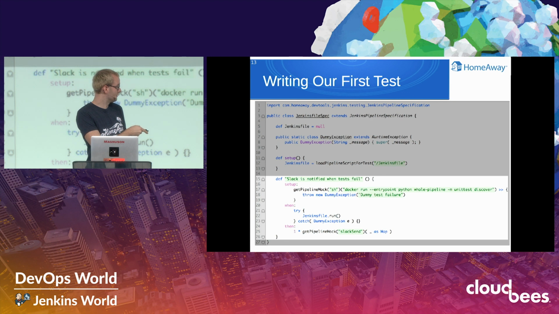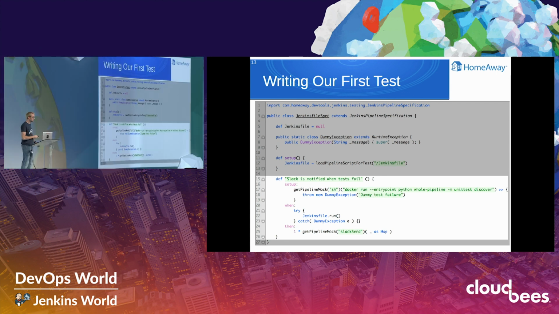Now, when we run our Jenkins file, still pretty intuitive, then we expect that one time, that is an asterisk, the pipeline mock for Slack send, that's the step that sends a message to Slack, should have been called with that. So that's an underscore, which is the Spock idiom for match any argument, don't care what it is.